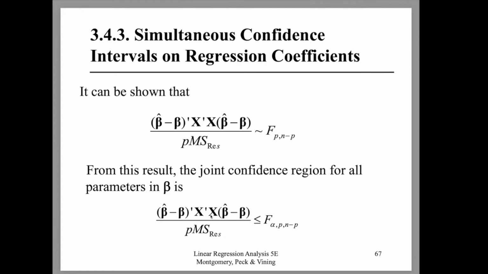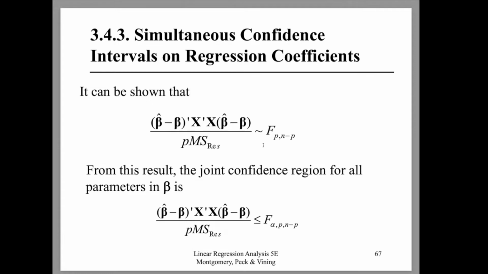And one way to do that is to look at procedures for constructing simultaneous confidence intervals, or for constructing a confidence region for those parameters. And one very important way to do this is to utilize the fact that this quantity here follows an F distribution with P numerator degrees of freedom and N minus P denominator degrees of freedom.